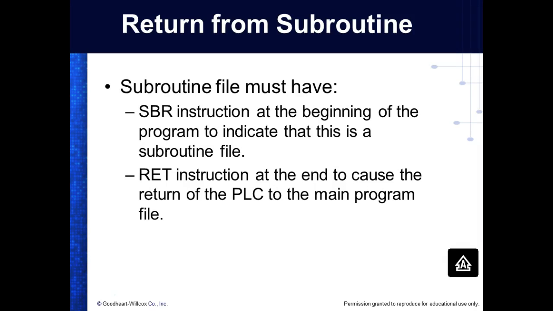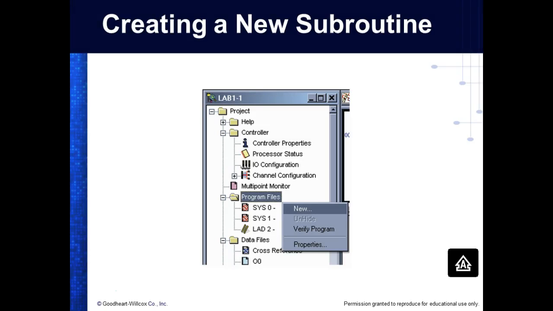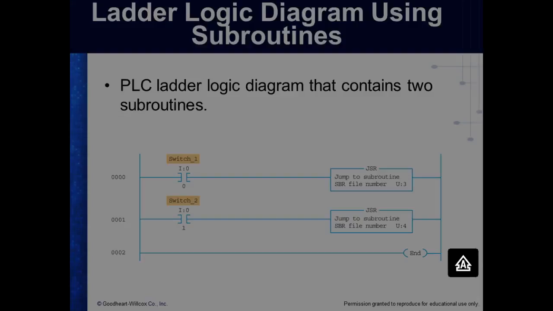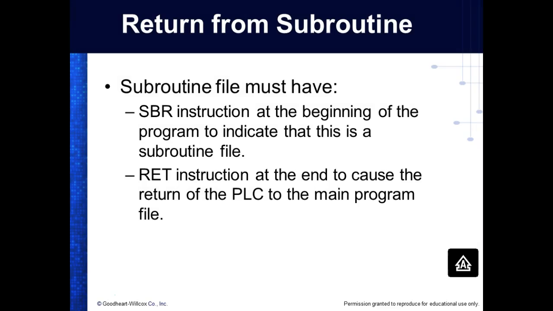So subroutines must have a subroutine instruction. Is it called SPU? Let me go back and look. No, it's called JSR. Oh, I'm sorry. This is the actual return. This is actually the subroutine. So the subroutine must have an SBR instruction at the beginning of the program to indicate that it is a what?